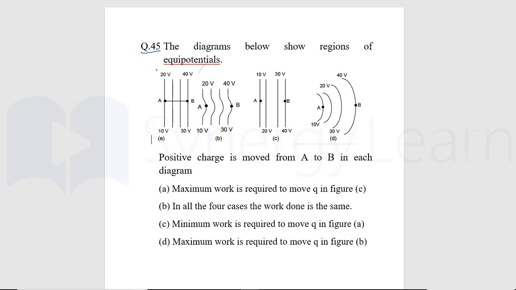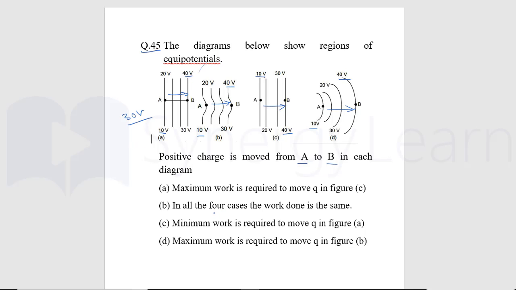In question number 45, positive charges move from A to B. So A in each case is 10 volt and B in each case is 40 volt. So what we see here is that in all the 4 cases the potential difference is 30 volt.